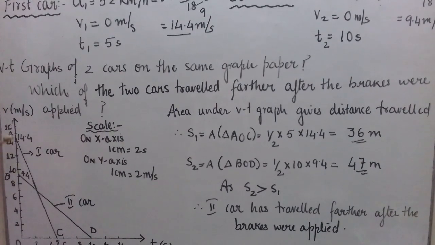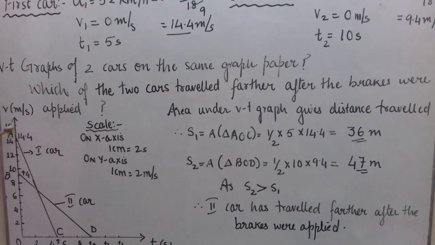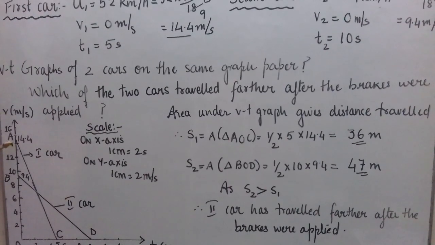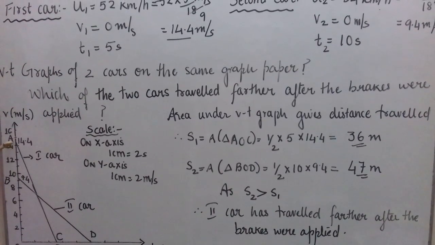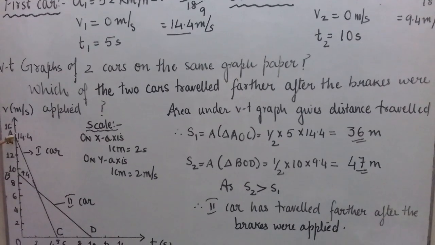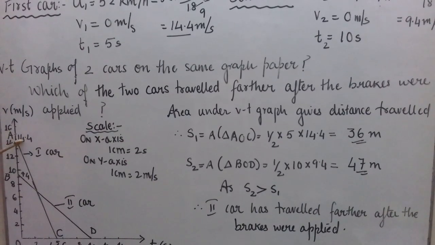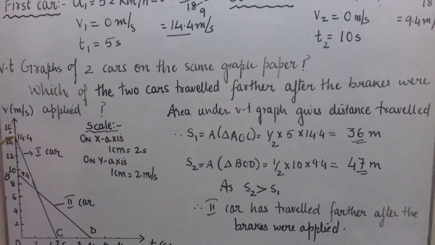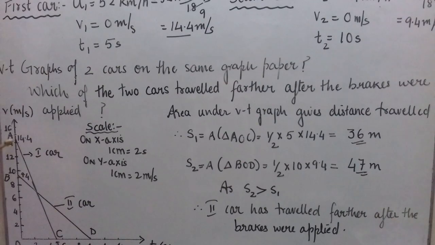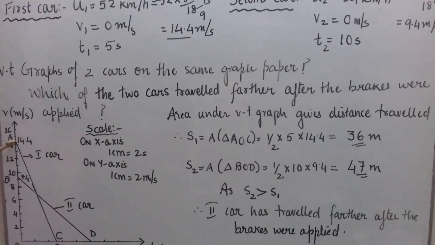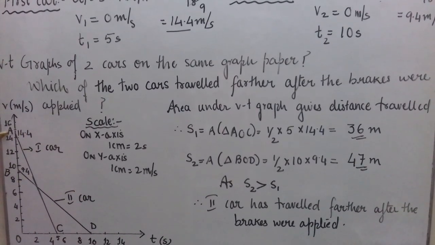After 14, just take 2 divisions, because 1 division is 0.2 meter per second. 2 divisions is 0.4. So 14.4 meter per second, and name this point as A.